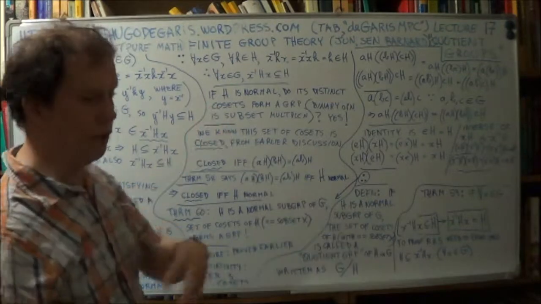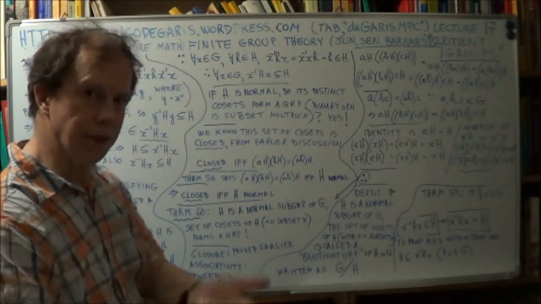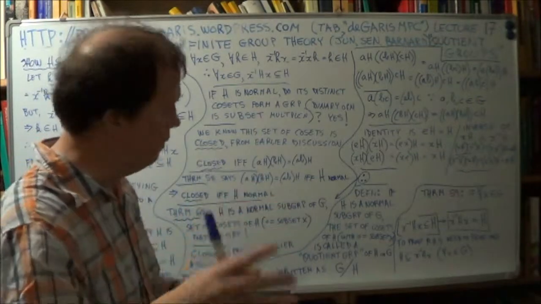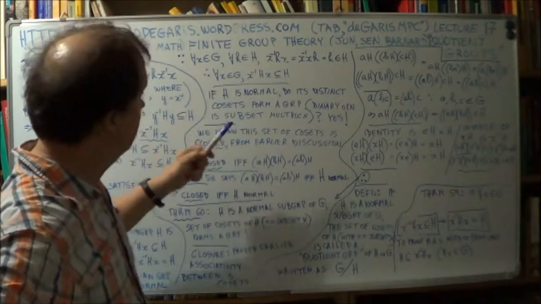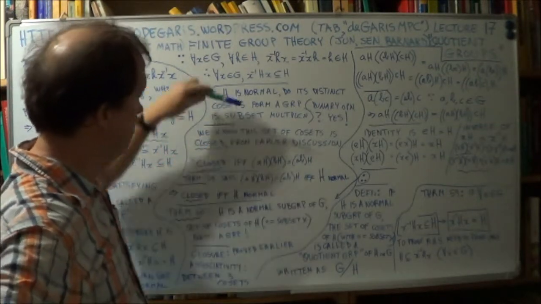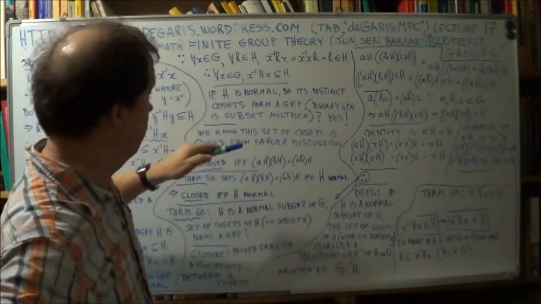So any group consists of a set and a binary operation on that set, with the four conditions, of course. That's a group, right? So we're heading towards the definition of a quotient group.